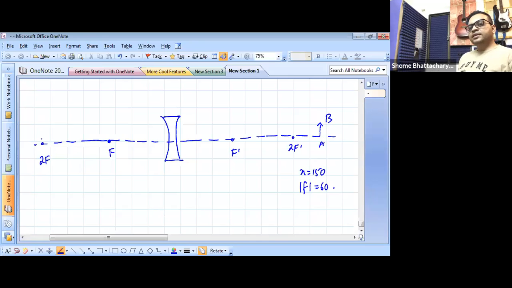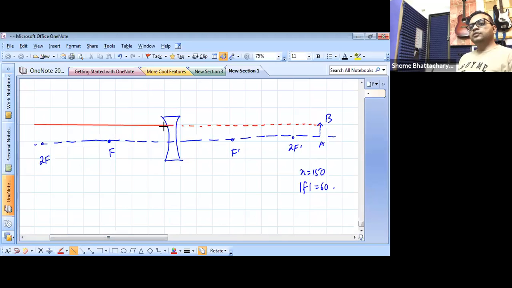So why will we get a virtual image which is inverted but diminished? Let's understand that. Suppose we have a ray of light parallel to the principal axis, which is aimed at the point P. What will happen to this ray of light after refraction? It will go like this.